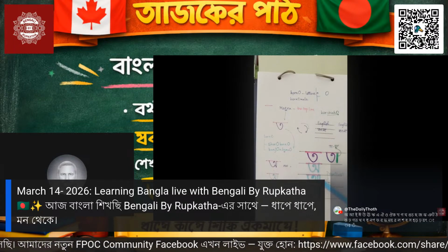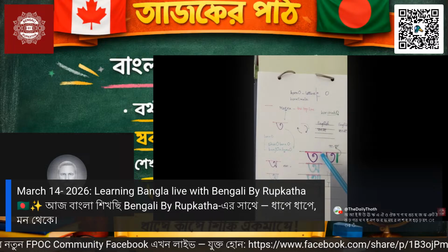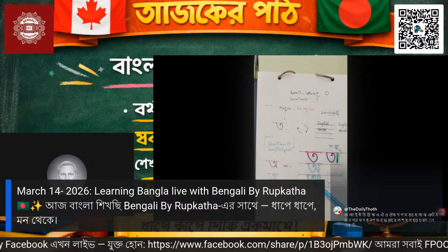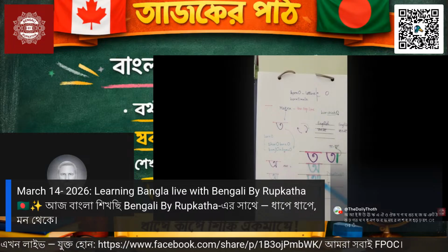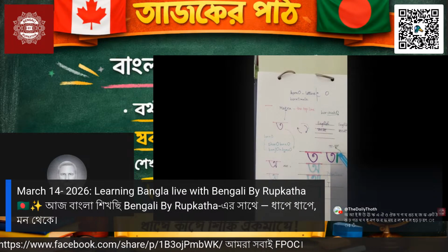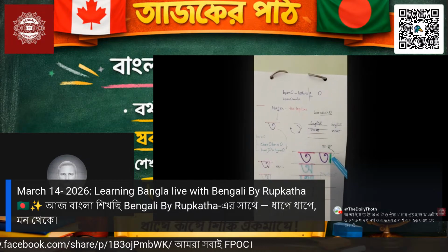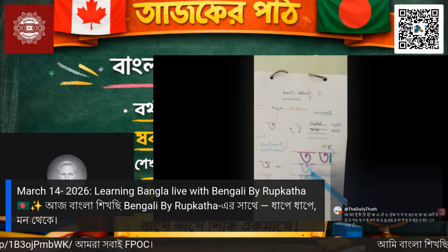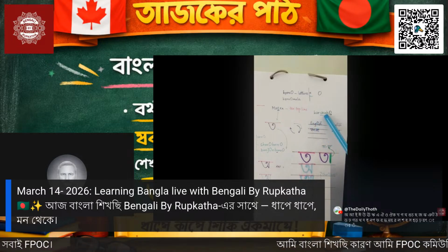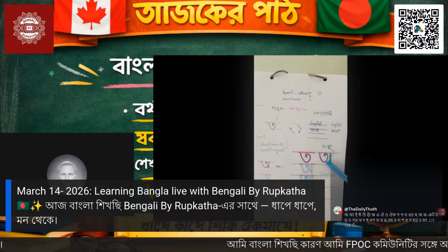We need A somehow to help the pronunciation of t and make it ta. For that, we use this. We borrow this line from A, put it beside ta. This line is called akar. A because it came from A, and kar chinno means symbol of Shoro Borno.